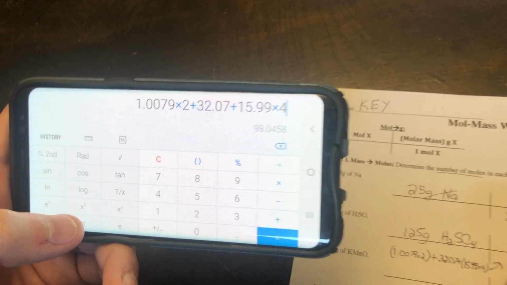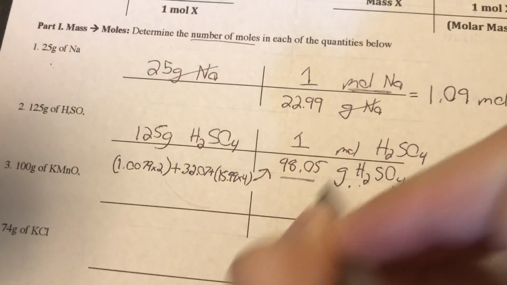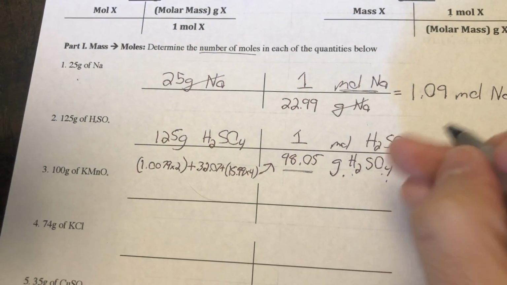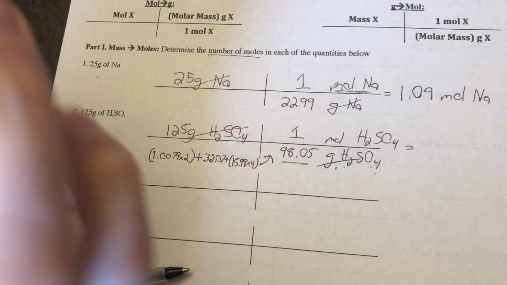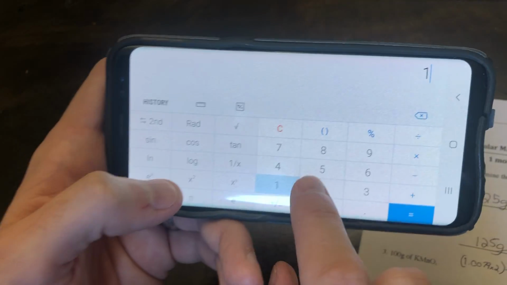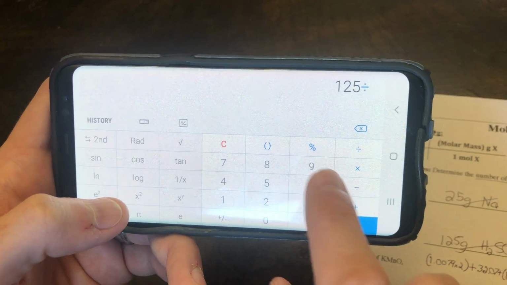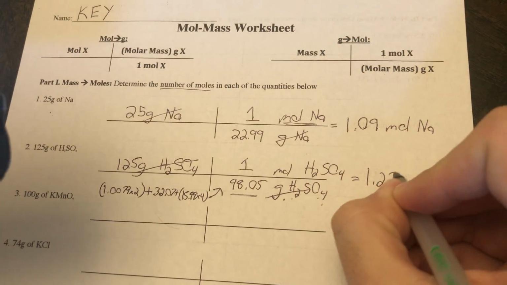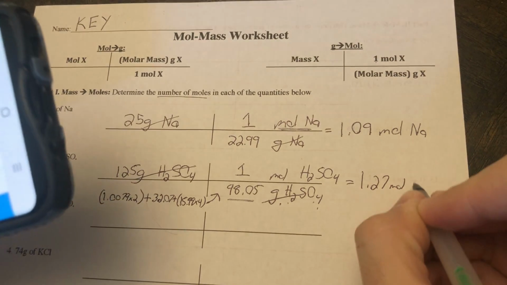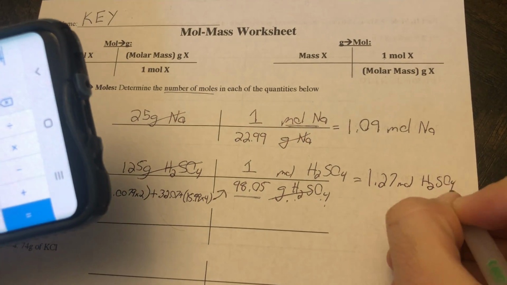That number I am going to plug right here, 98.0, and I'll just round it up to 98.05. Now I have my whole problem set up. My units here cancel out. Now I just plug the whole thing in my calculator. So I do 125 divided by 98.05, and I get my final answer, which is 1.27 moles of H2SO4.